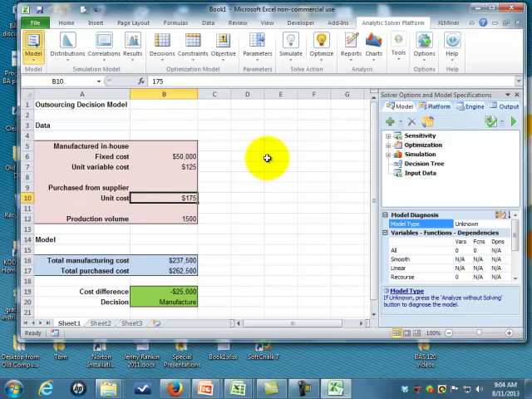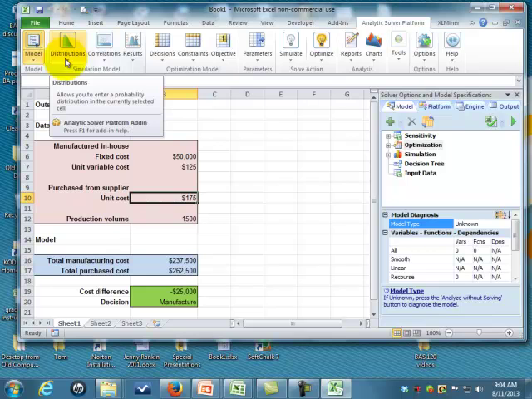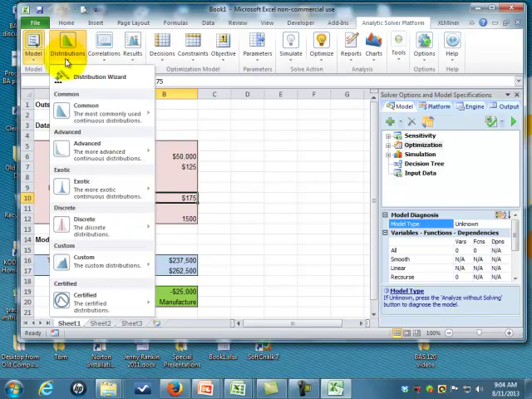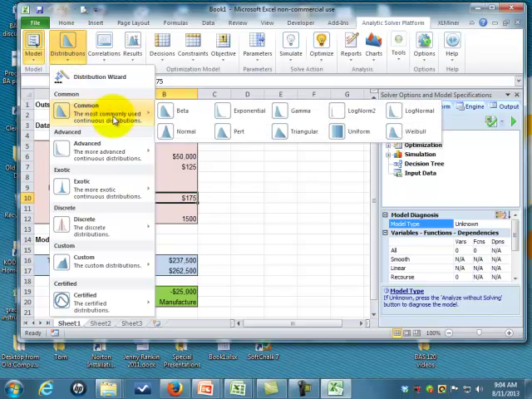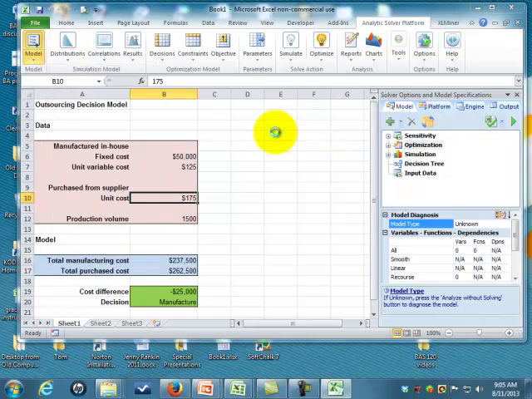So let's take this example out of the book, and let's say our supplier production model, let's say that we want to make that an uncertain model. Now, when you do an uncertainty, it has to be a cell that's a numerical value, because you can't simulate characters. So let's make this a triangular.